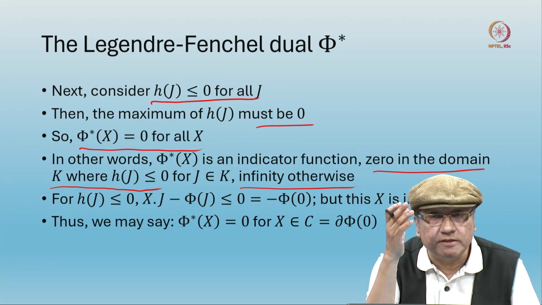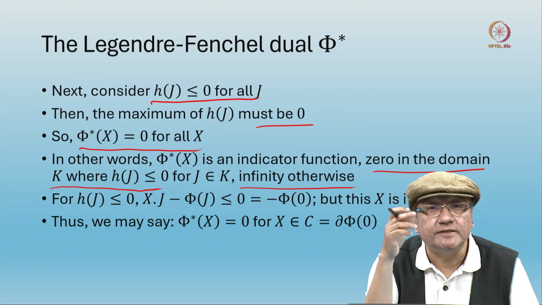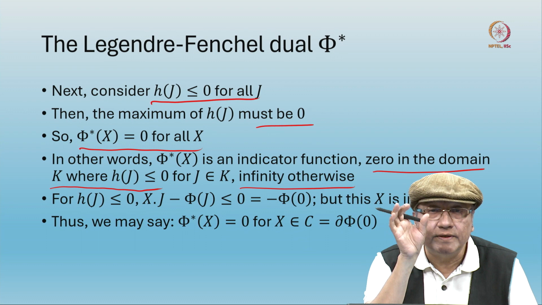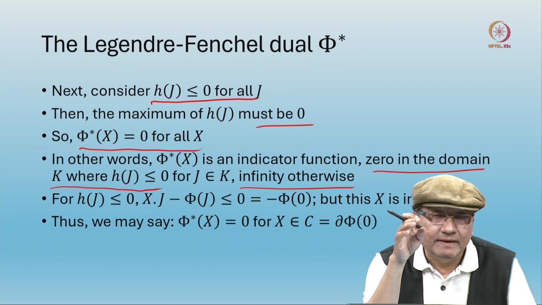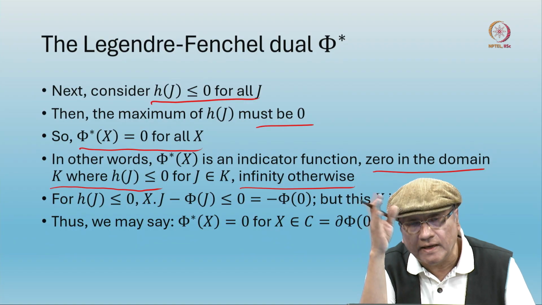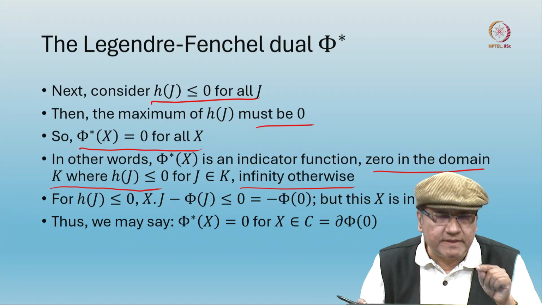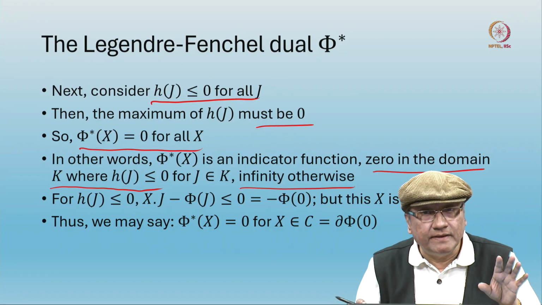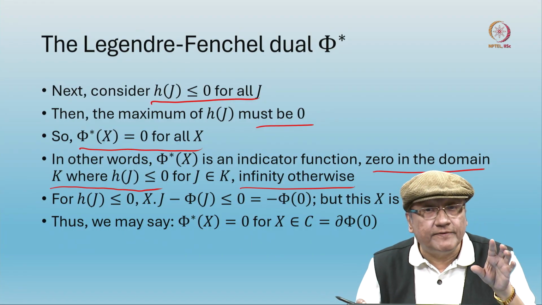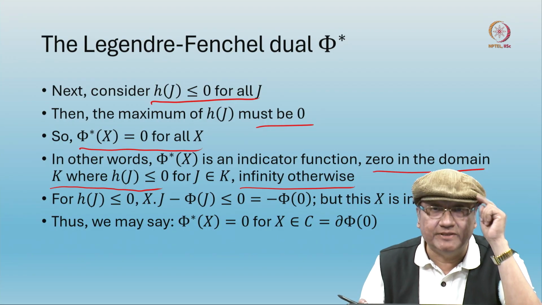Remember that the indicator function that we use in other applications is often not in terms of 0 and infinity. It is often 1 over the set of interest, and outside that set it is 0. That is how we typically define the indicator function in other branches of applied science and maths. But in this case we are defining the indicator function in a slightly different way, because we want phi star to act like energy.